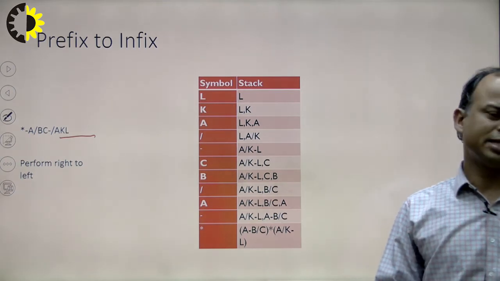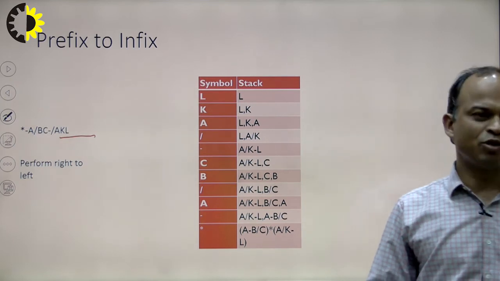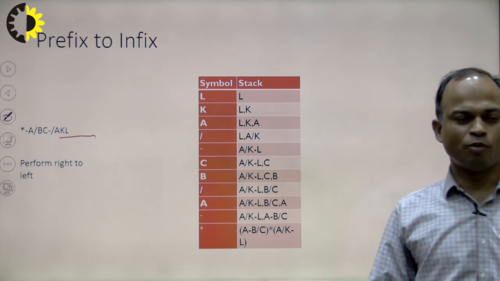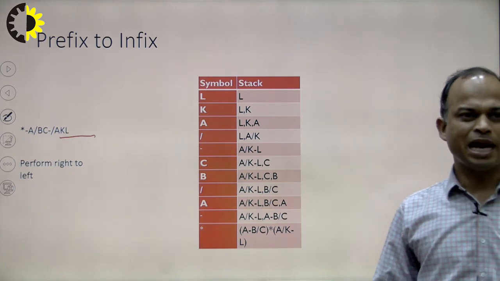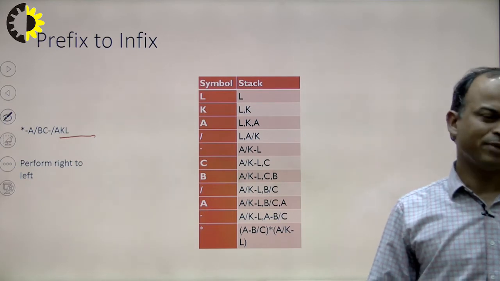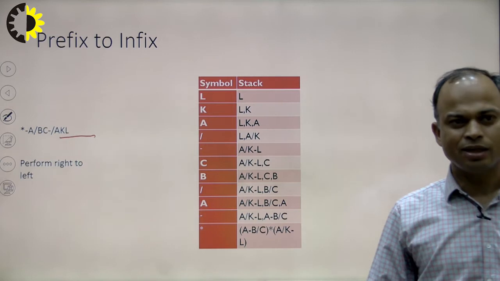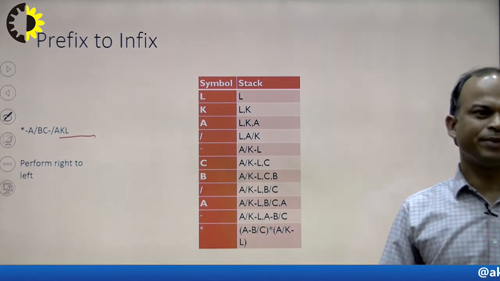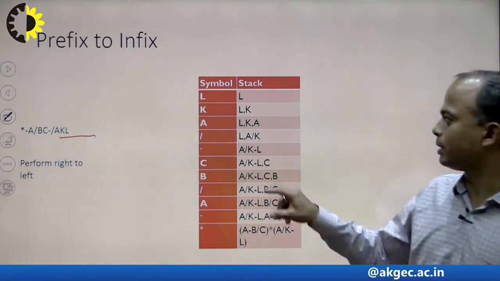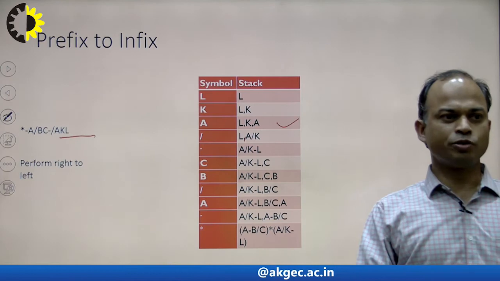If we convert this prefix into infix, then we have to perform the operation from right to left. Initially the rightmost symbol is L, so we push L onto the stack. Now the next symbol is K, and we push K onto the stack. Now the stack has L and K. After K the next symbol is A, and we push A onto the stack.